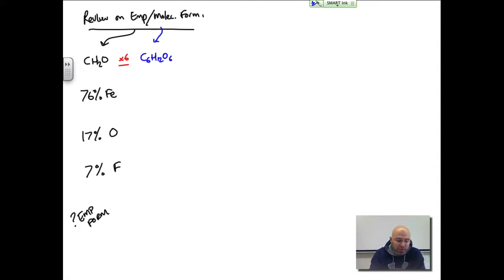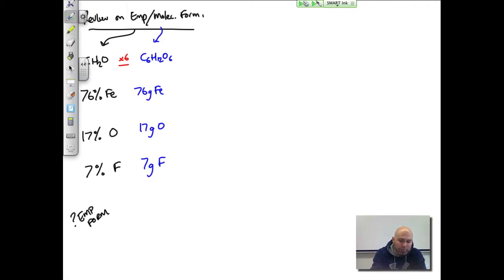The first thing we want to do is change the percentages to grams. So, 76 grams of iron, 17 grams of oxygen, 7 grams of fluorine. Now I've got my grams. The next step is to convert to moles.